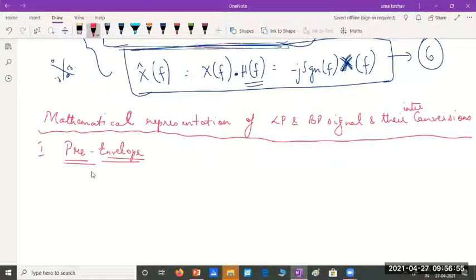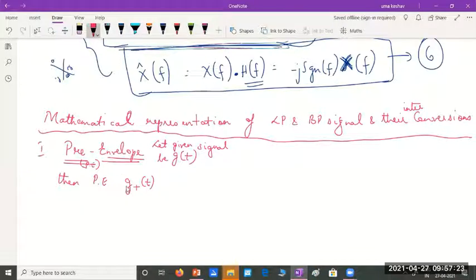Say the given signal is g of t. Then the pre-envelope, I'll call it PE, is defined as g plus of t.